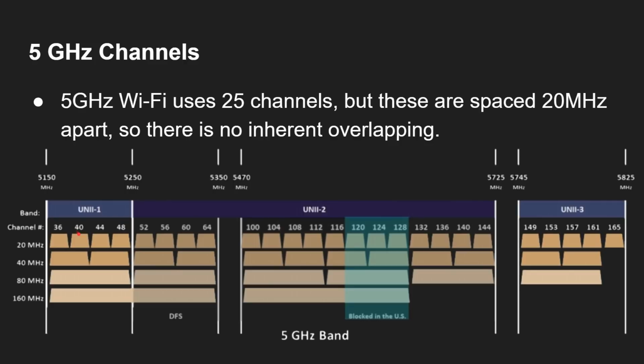So in reality, they're 20 megahertz apart and there's no overlapping. So that gives us a lot more range when we're talking about any congestion we're getting in 5 gigahertz. The other people can have their devices nearby, and it's not going to be so crowded, and your router and devices are able to pick a nice clean channel that's not going to get any other signals going on top. And of course, that means you'll get better throughput ultimately. Of course, that's the aim.